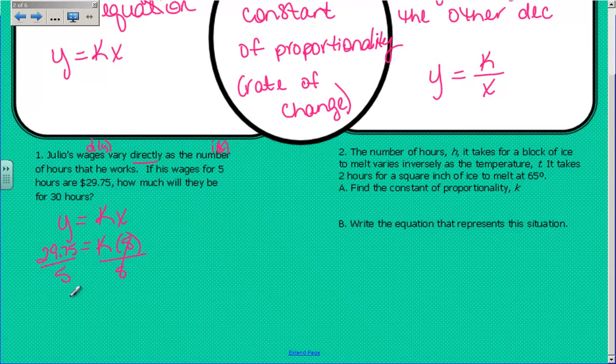And so what that tells me is that Julio makes $5.95 per hour. It's going to be my rate of change. So to figure out how much he makes for 30 hours, I'm just going to do $5.95, which is my k, times 30. And I get that he's going to make $178.50.